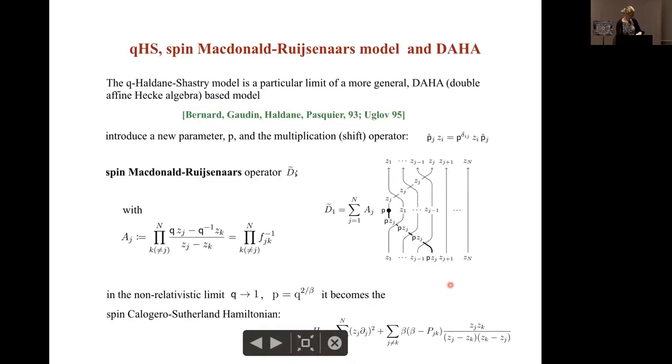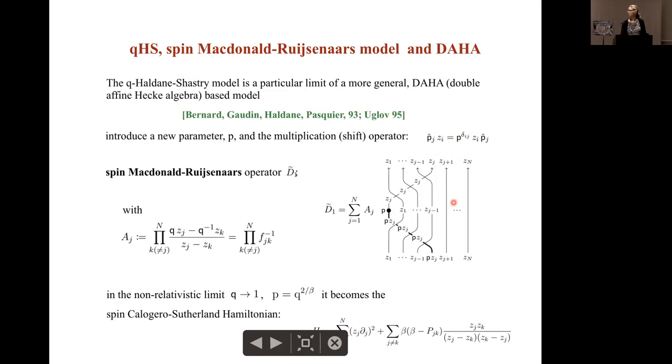Okay, so now I'll try to say a few things about how one solves this model. So again, one goes to some more general model where the positions are dynamical, so these z are dynamical, and in order to account for this change of coordinates, we use this shift operator, which multiplies a particular coordinate by p and leaves the others untouched.